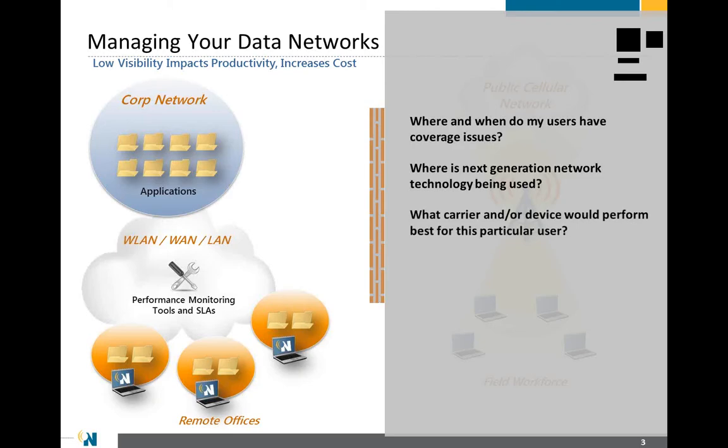And that can also drive picking the right device for a particular user. So for example, if you have multiple carriers and in a particular location maybe you can't negotiate a 4G connection because there just doesn't happen to be enough tower strength there for one carrier, but for another you do, and you have a user that needs to push a lot of data, you can make sure you deploy the right card for that user.